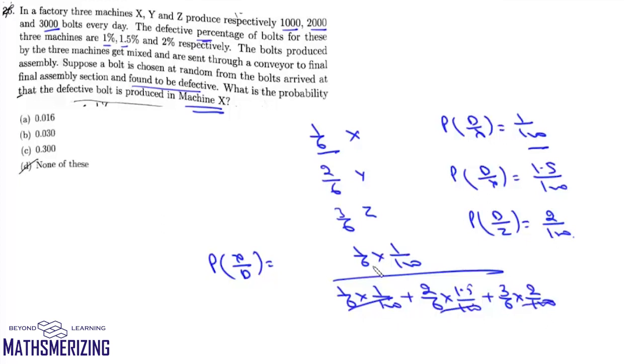So this 100 into 6 will cancel. So we'll write this probability as 1 upon, and this is 1 plus 3 plus 6. So it will be simply 1 by 10, which is none of these. Option number D.